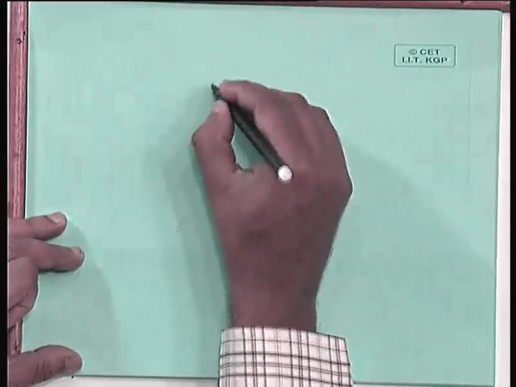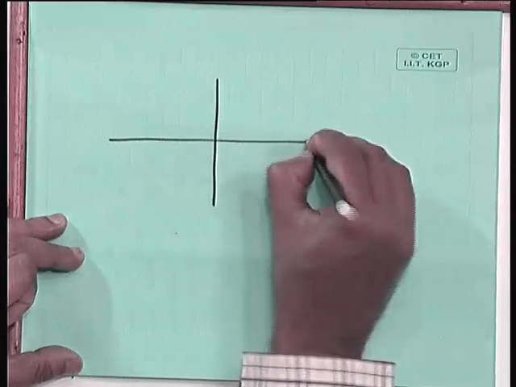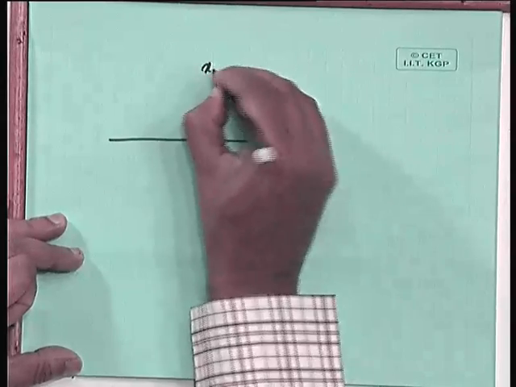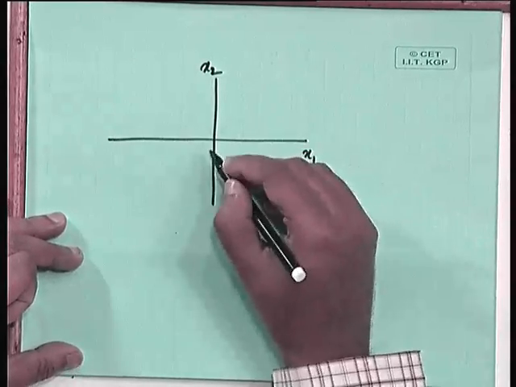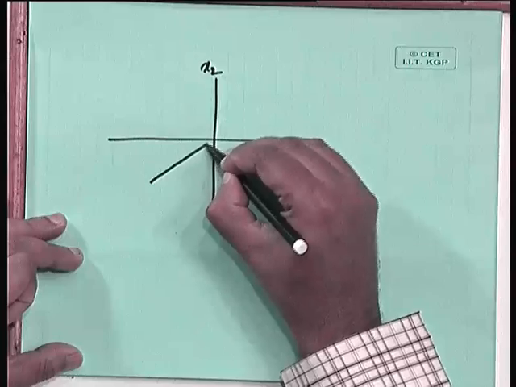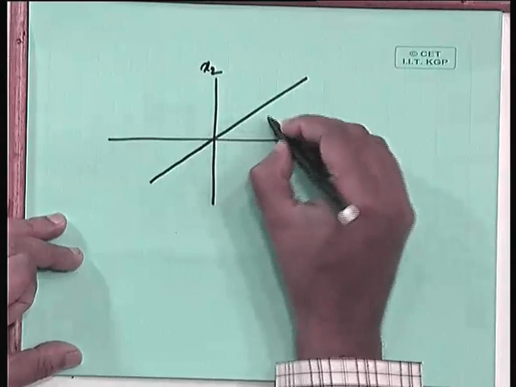So, the function that we realize out of this is of this form: we take the x1 x2 space, and our decision boundary will be a straight line like this.